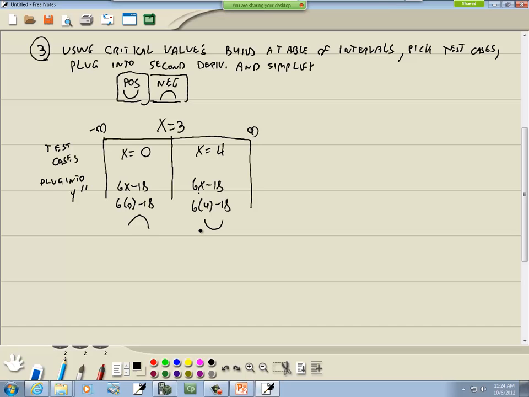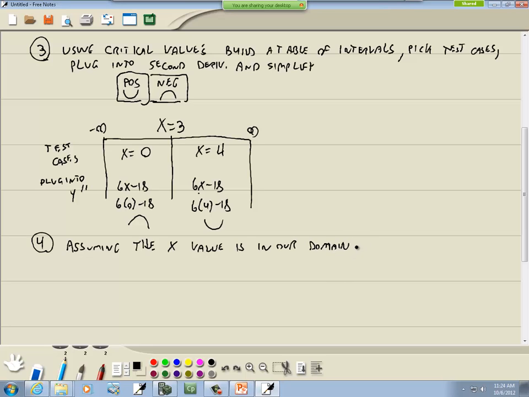Now, step 4. Assuming the x value is in our domain, it exists, so our graph exists at that point.